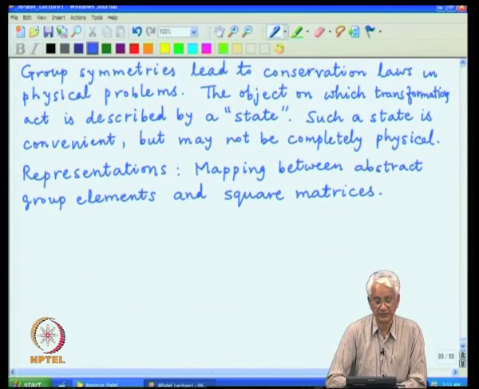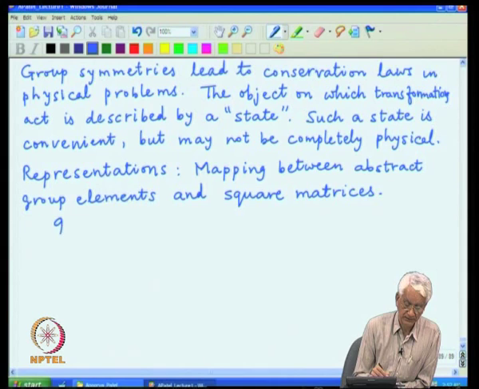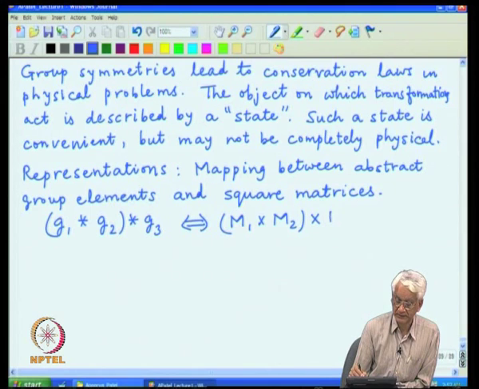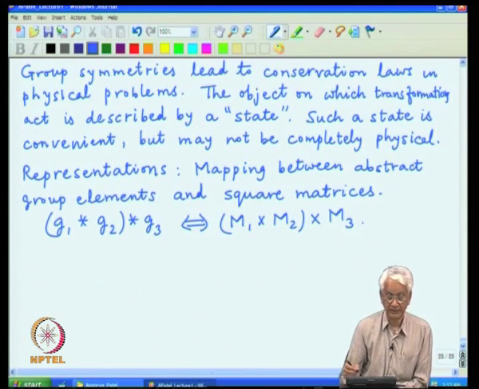so that when one says G1 star G2 is equal to G3, there will be a corresponding matrix multiplication rule as well, such that this product can be written as an ordinary matrix product.